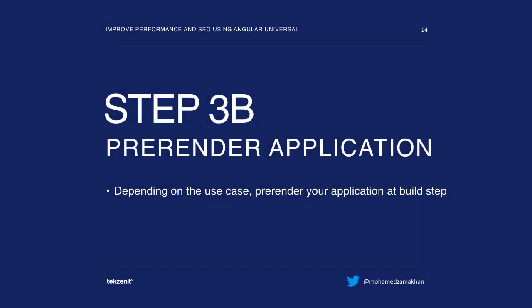So after this step, let's look at pre-rendering. Now pre-rendering is not for all applications. It's only for those applications which do not have a lot of changes to their pages. So suppose you have a blog application where you only write your blogs every single week, not every single day or every hour, where it doesn't have a lot of dynamic data.